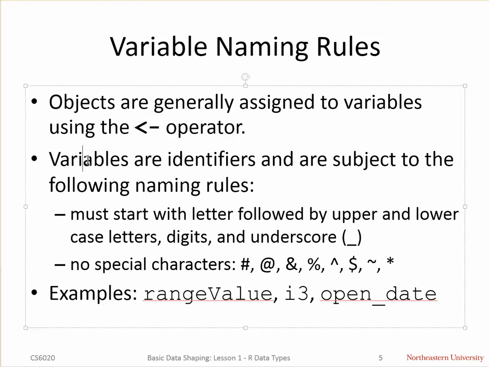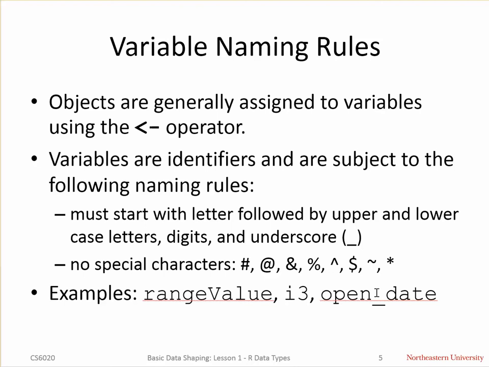Now variables are fundamentally identifiers and are therefore subject to the following naming rules within R. A variable or an identifier must start with a letter followed by an upper or lowercase set of letters, digits, and the underscore. So for example, open_date is all lowercase and it has an underbar in it. So that's a perfectly legal variable.